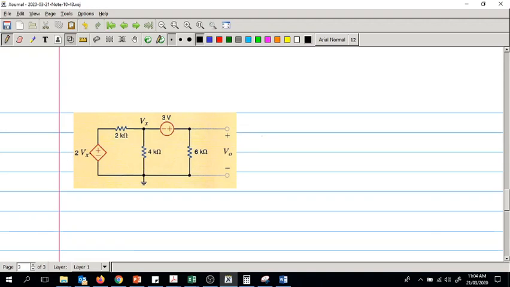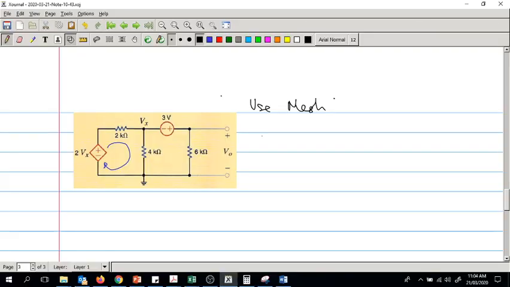Based on the voltage Vx, this is dependent. So now let's look at how we can do that. What was said earlier is, let's follow the same procedure that we followed earlier. We marked clockwise currents, so use mesh.